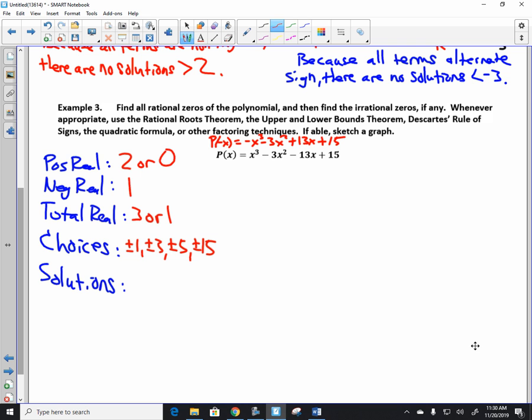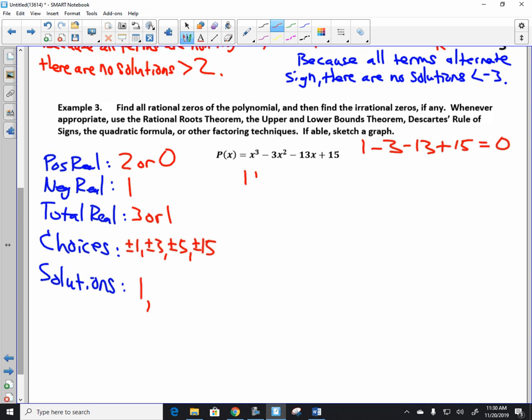1. Let's try 1. 1 cubed is 1. Minus 3 is -2. Minus 13 is -15. Plus 15 is 0. Sweet. 1 works. It's one of my solutions.